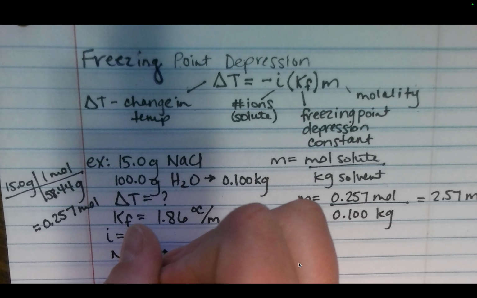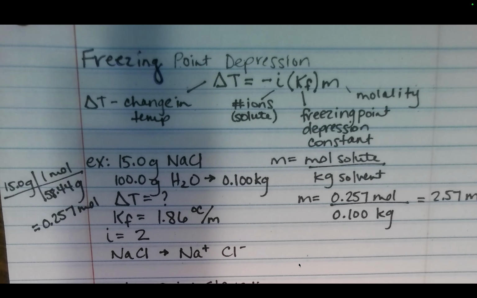So that makes my i value 2. Because I have 2 ions present, one sodium ion and one chloride ion. If I had something like magnesium chloride where it's MgCl2, I would have 1 magnesium ion and 2 chloride ions. That would make my i value 3.